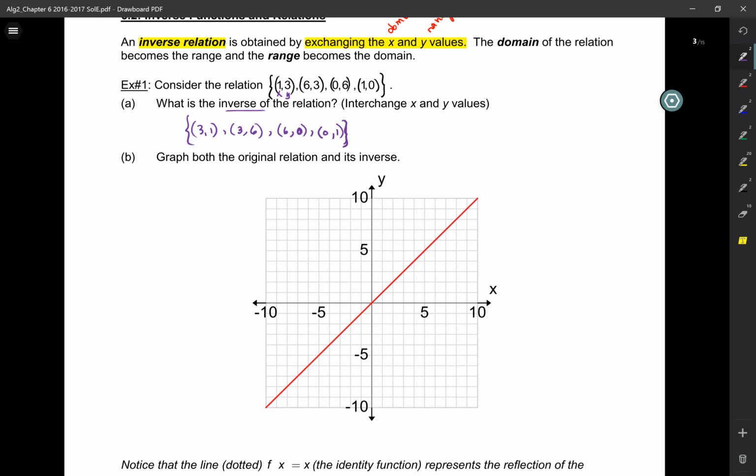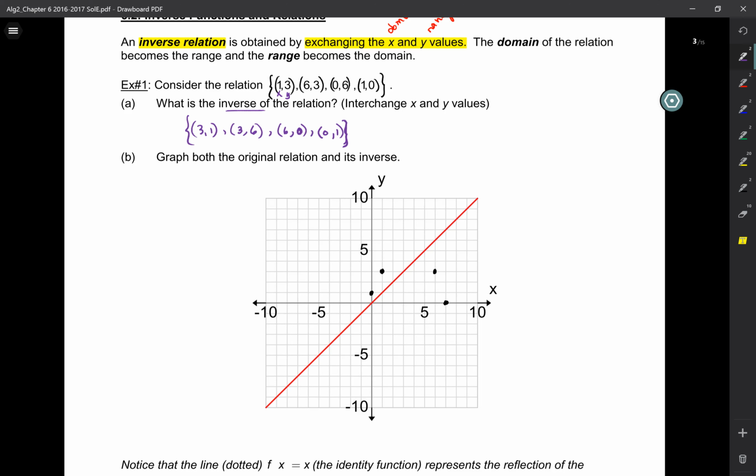Now, I'm going to graph both the original and its inverse. So I'm going to graph the original in black ink. I have a point at 1, 3. I have another one at 6, 3, one at 0 and 6, one at 1 and 0. Does that look right? Say yes. Good. Now, in purple, oh, 0, 6.